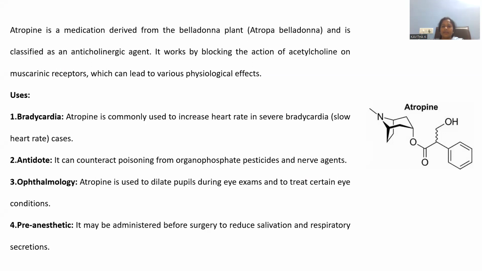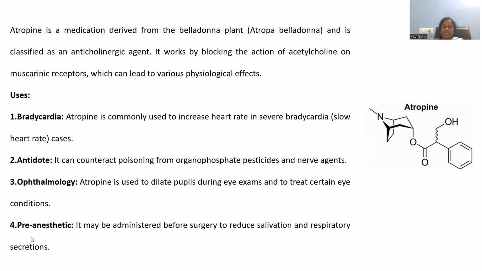If acetylcholine is secreted to the maximum extent, it can give neurological disorders, so by blocking the secretion of acetylcholine, it mitigates the neurological disorders. So we can say anticholinergic agent. It antagonizes, meaning it suppresses the secretion of acetylcholine, which can lead to various physiological effects, so that neuro-related problems get cured by means of this drug called atropine.